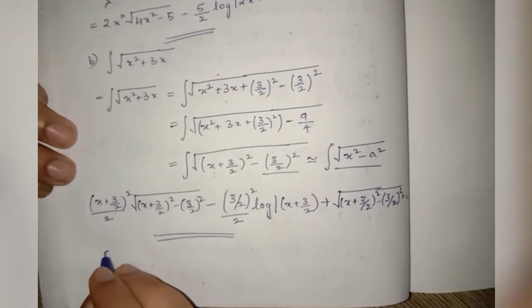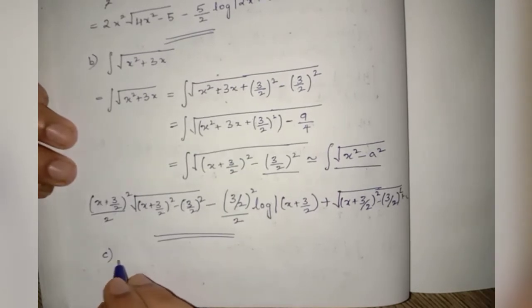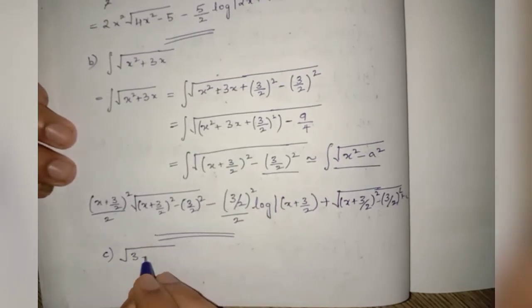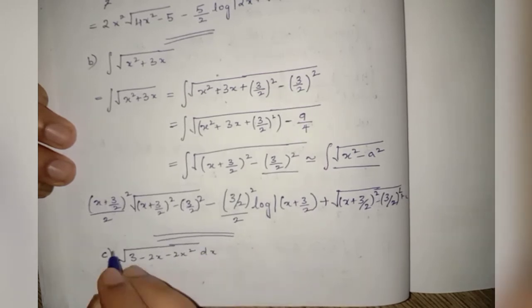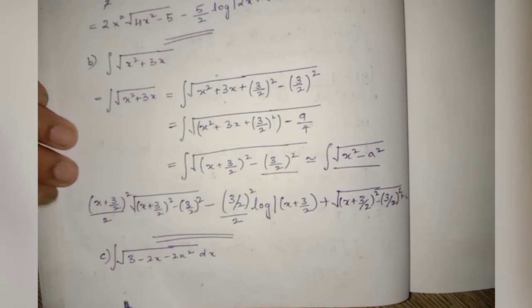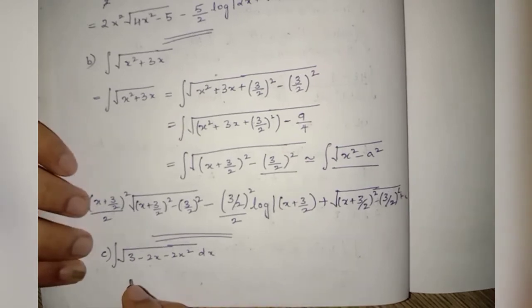Let us move to the C question, which is root of 3 minus 2x minus 2x squared dx. Okay, so first of all, let us take minus 2 outside.